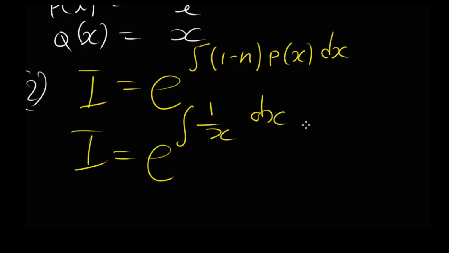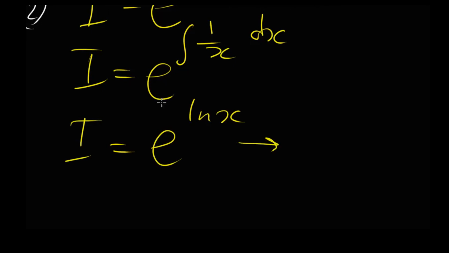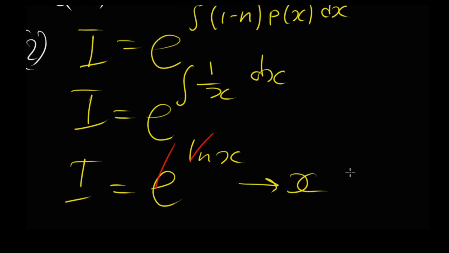So your integration factor is the exponential of the integral of 1 over x, which is e to the ln x. E and ln x cancel, giving you x.